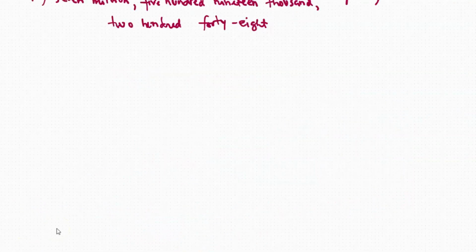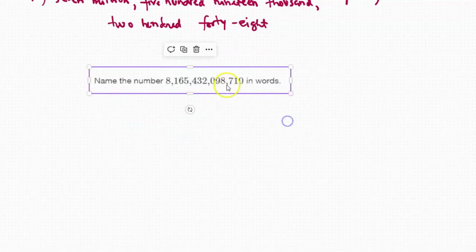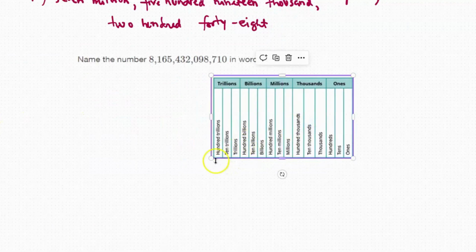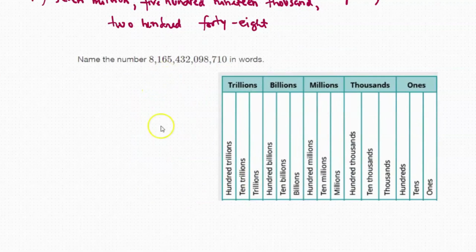Let's take a look at another example over here. We have to name this number in words. Again, we'll just use our place value chart and we'll see how we can place this number over here. So we'll start off from the very right hand. And let's see how we can write this number.